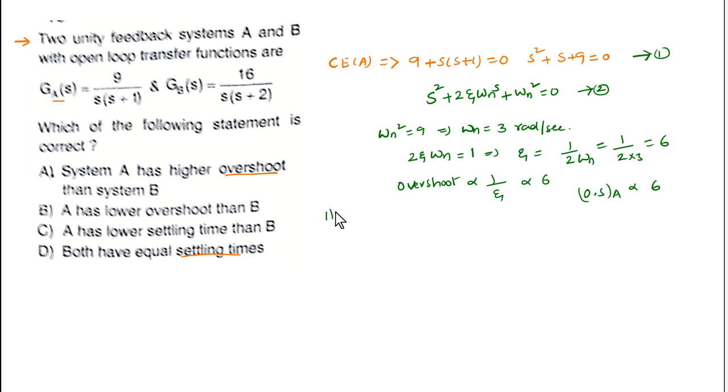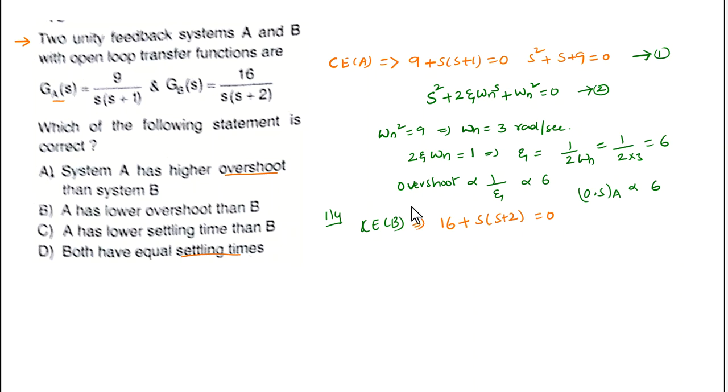And similarly, we'll cross check for the second, that is GB of s is equal to 16 by s into s plus 2, an open loop transfer function. Now I'll write the characteristic equation of B, which is equal to 16 plus s into s plus 2 is equal to 0.